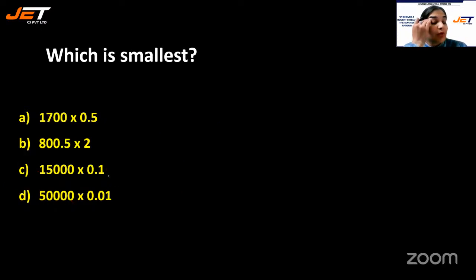Smallest. You have to find the smallest. So here 0.5, that means half. 850.